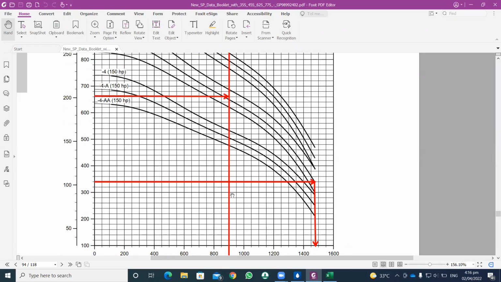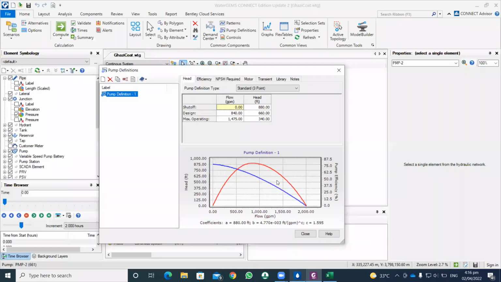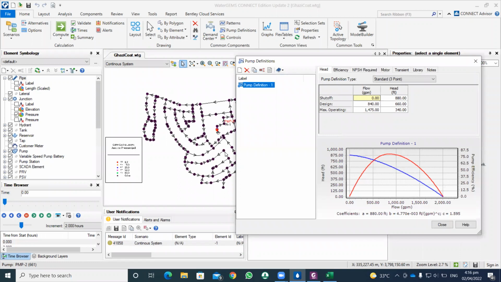But one point should be kept in mind, that I am exaggerating these values, because you should also consider how much water will be yielded from the tube well. For example, if the total capacity of a well is about 600 gallons per minute, and you are using a pump of a value greater than that, then the drawdown will be very high, and the source will be scarce after 2 or 3 years.